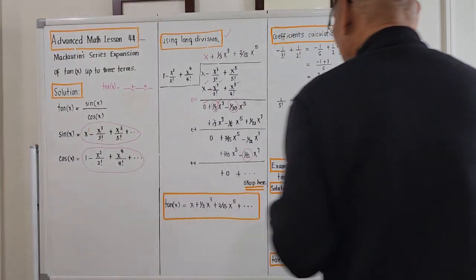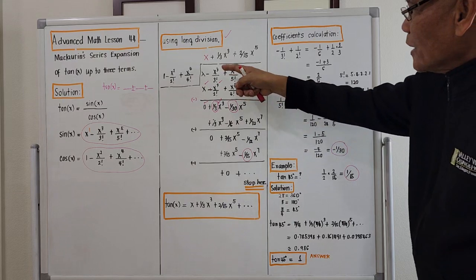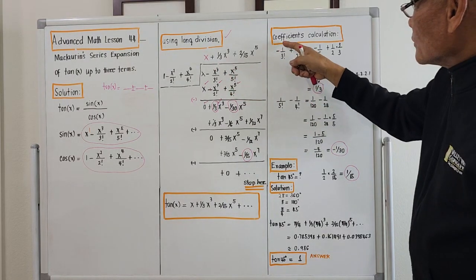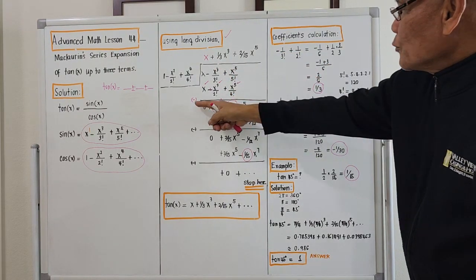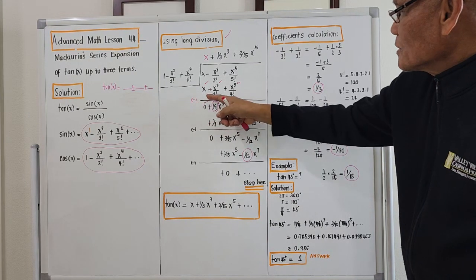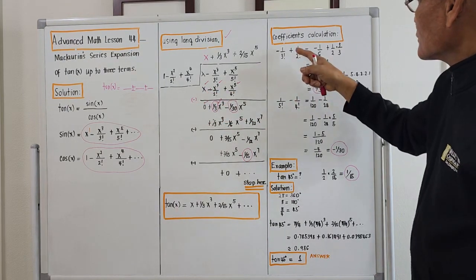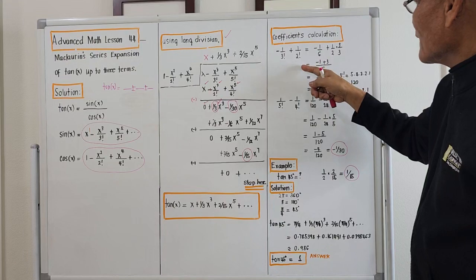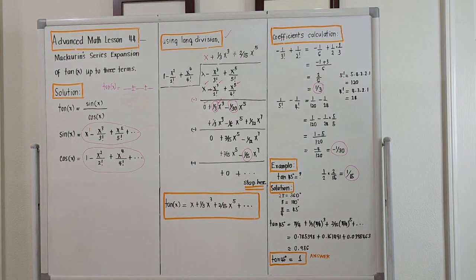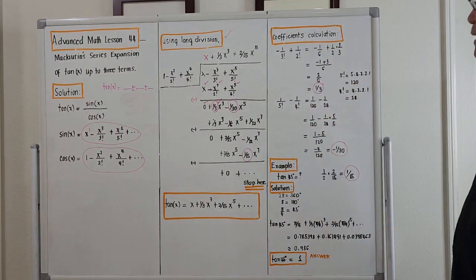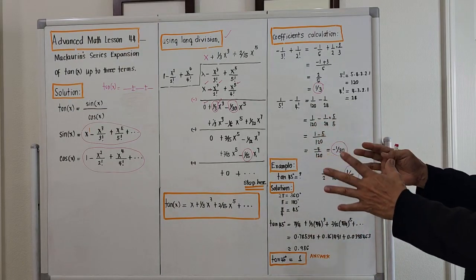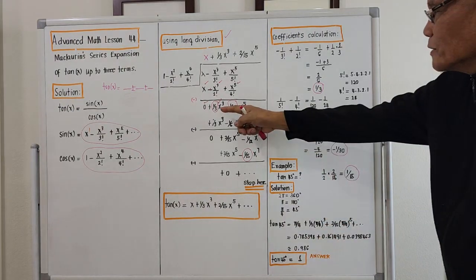So for the coefficient calculation, okay, we have minus 1 over 3 factorial. And if we perform the operation subtraction, the sign of this will be plus. So this is plus 1 over 2 factorial. We did it separately so we could visualize how come the coefficient came out as 1/3.